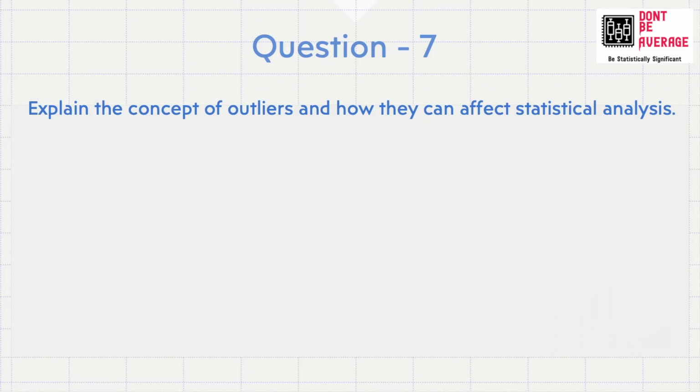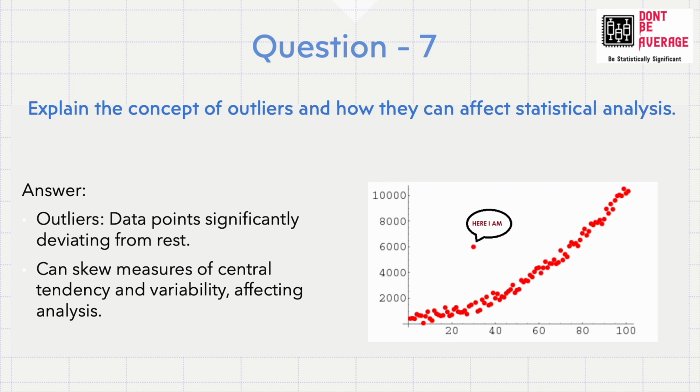Question number 7. Explain the concept of outliers and how they can affect statistical analysis. Outliers are data points that significantly deviate from the rest of the data in a data set. So here you can see this is the outlier. They can distort statistical analysis by skewing the measures of central tendency and variability.